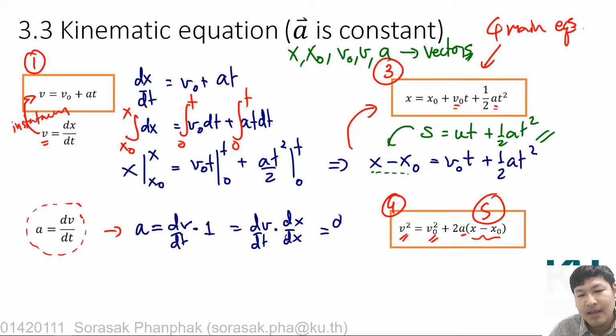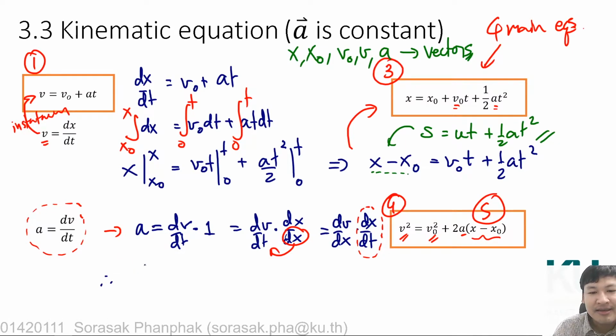So this can be dv by dx, and you switch dx to dt and dt back to dx, so you get dx by dt. What happened to this? You have dx by dt here, which is the instantaneous velocity. So now you got this form instead: a equal to dv by dx times v.